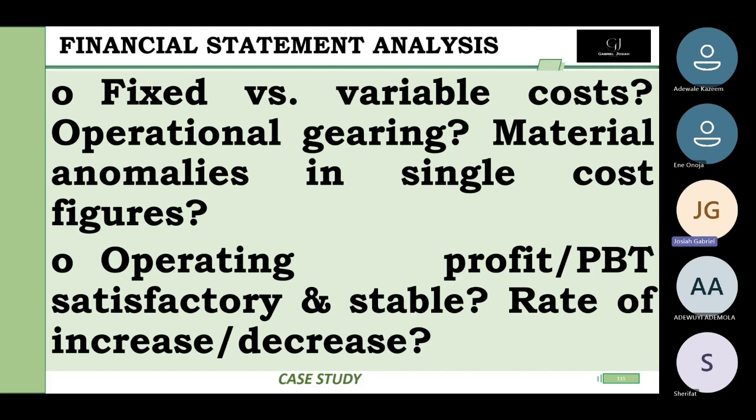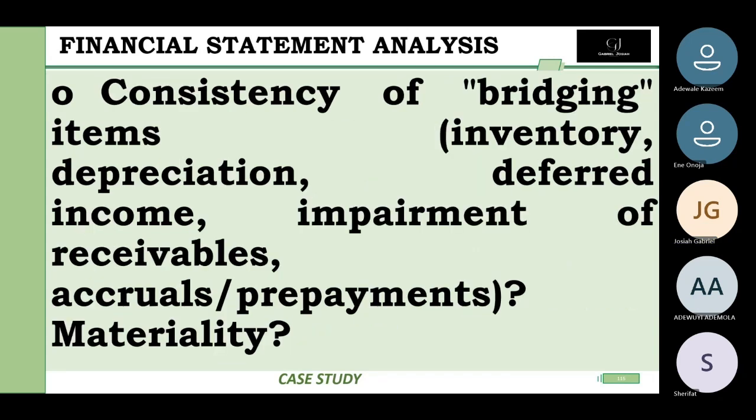If you have different years, you look at the trajectory and the antecedents, what the company is doing over the years. The consistency of the bridging we spoke about, speaking to the inventory, the depreciation, deferred income, impairment of receivables, accruals, and prepayments. What is the materiality of it? Are they material amounts? Are they huge amounts?